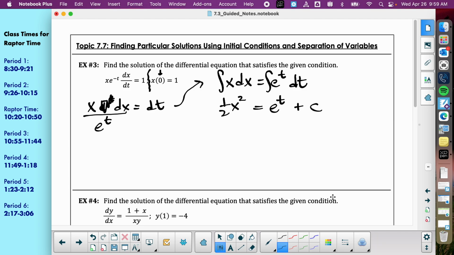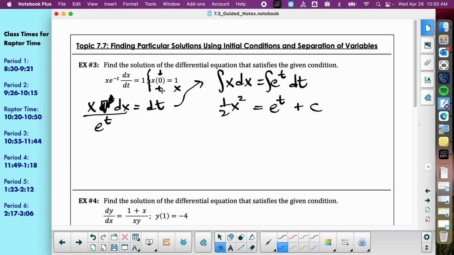The other variable. It's like when we write down y of 3, we put 3 in place of x. So this notation means I'm going to put 0 in place of t, and the answer for x is 1.